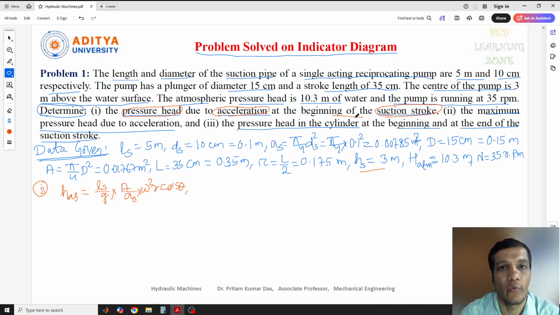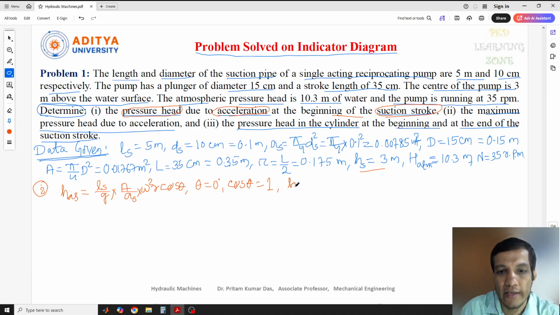If you see before moving, at the static, steady condition, our crank angle will be 0. That's why theta equal to 0. Then it will move 90 degree, 180, 270, 360. In that way it will complete one revolution. So here at the starting position, the theta value is 0 degree. So we can write cos theta equal to 1.